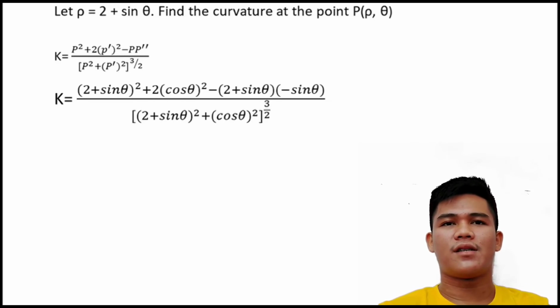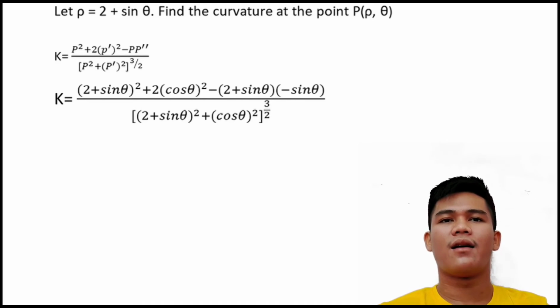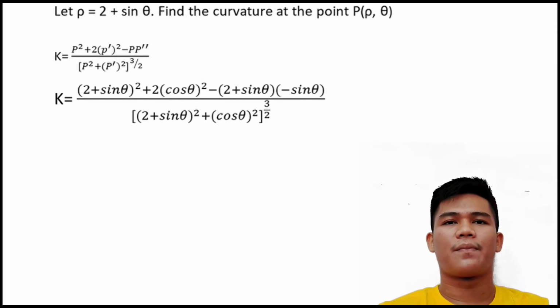So the first derivative of sine theta is cosine theta, then the derivative of cosine theta is negative sine theta, which is our second derivative. Over 2 plus sine theta squared plus the first derivative, cosine theta squared, to the power of 3 over 2.